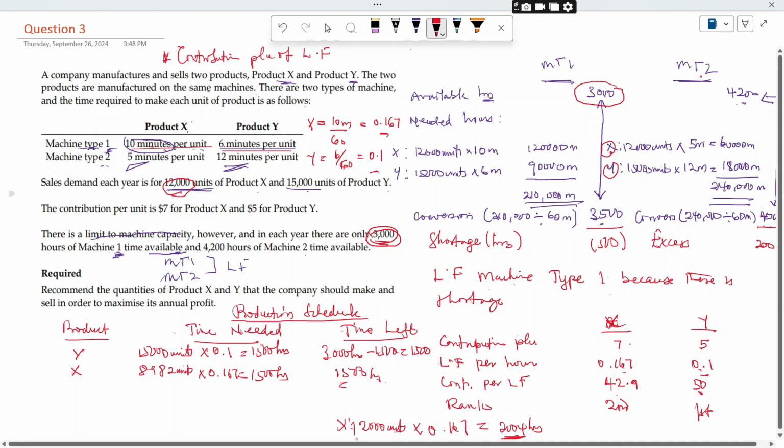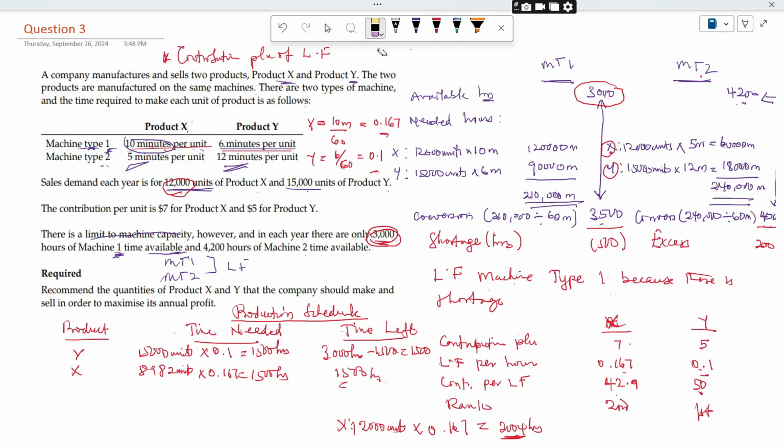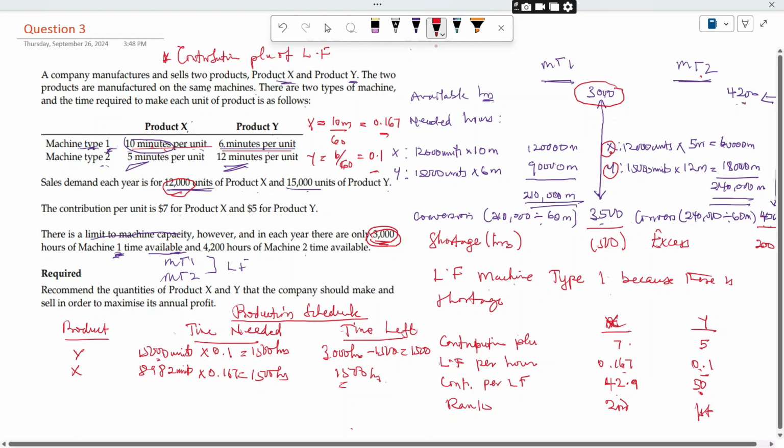What this means is that in order to fully utilize the capacity of machine type 1, which is the limiting factor, we need to produce 15,000 units of Y and 8,982 units of X.